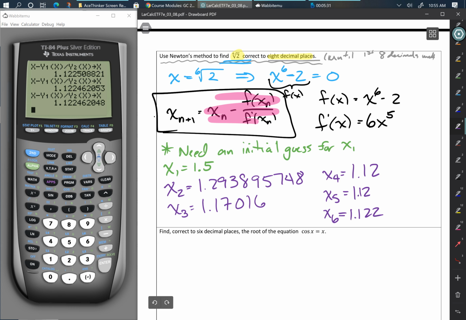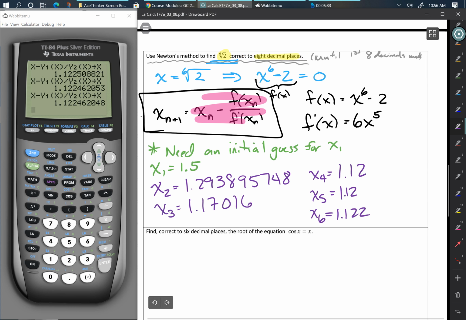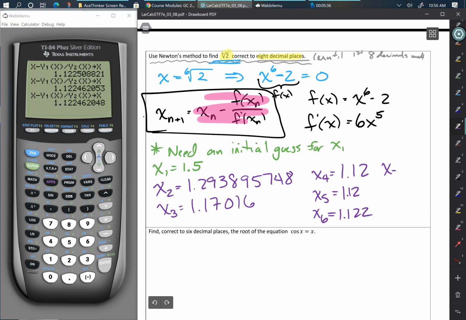Now it looks like I've almost got it there. How much accuracy do I have at x sub 7? 1.1224620. So how many is that? 1, 2, 3, 4, 5, 6, 7. I got 7 decimal places of accuracy. And if I go again, there it is.